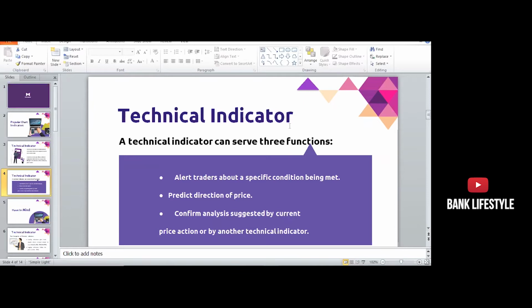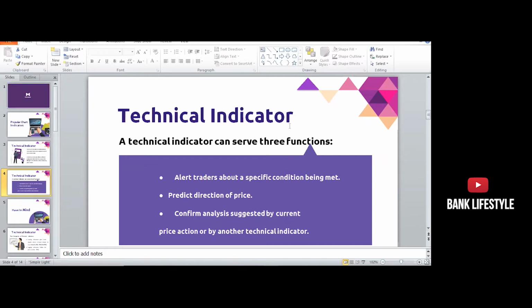Or it could also tell you that right now it's oversold, so it could reverse towards the upward side. Or it's going to tell you that there's a trend formation. Okay, so it just alerts you about some specific conditions in the market that by just viewing the charts you can't see as a person.